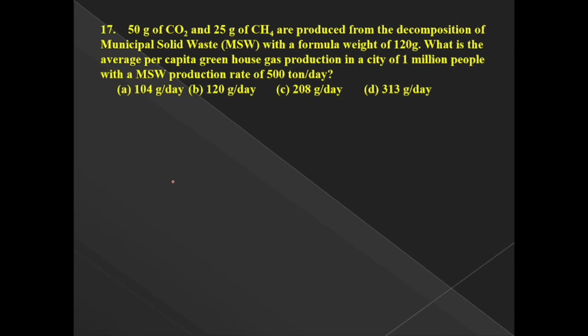It means 120 gram of MSW, municipal solid waste, produces 50 gram of carbon dioxide and 25 gram of methane, a total of 75 gram. So our total mass is, my dear students, 75 grams.